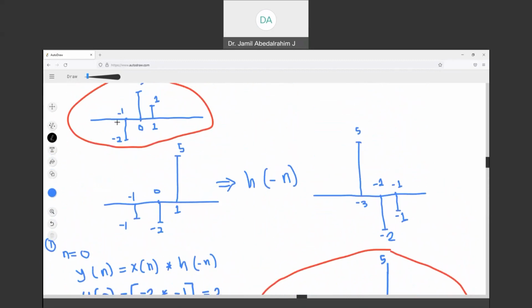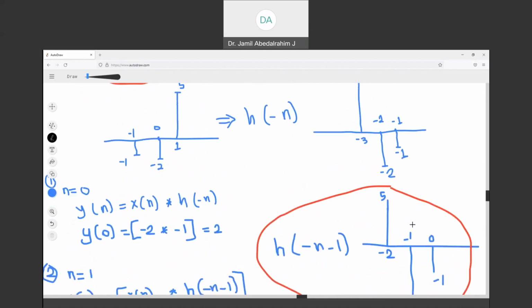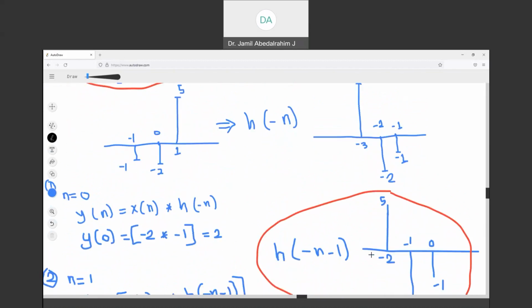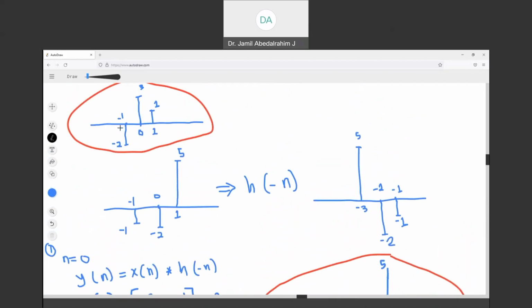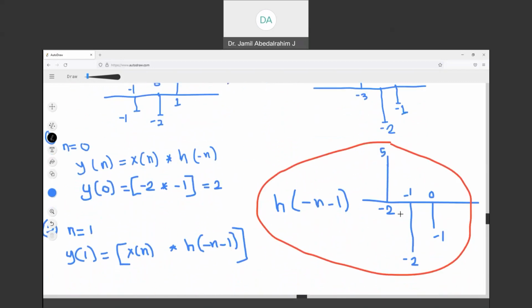At minus 1, we also have a signal, and h of negative n minus 1 also has a signal at minus 1. At minus 2, there is a signal in one, but not in the other. So we have only two shared locations, at 0 and at minus 1.